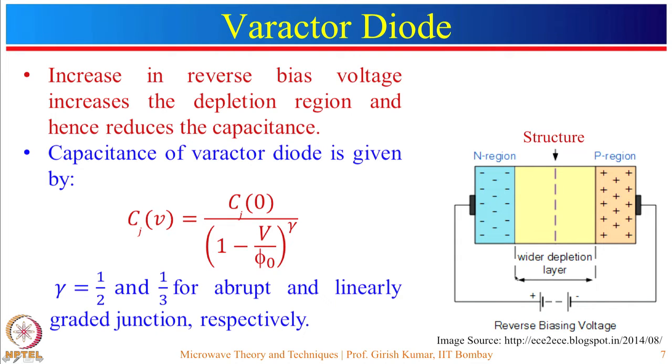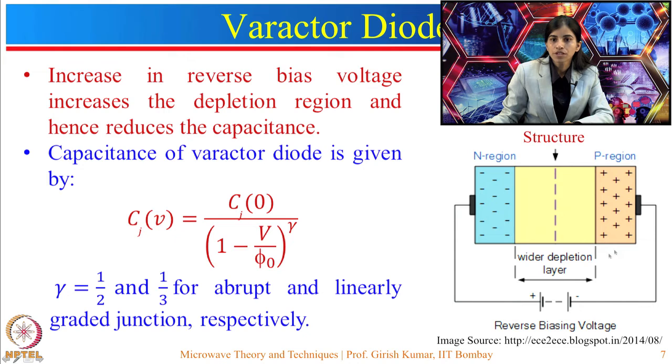So you can try to relate this geometry with the capacitor. These two regions, N and P regions, will be analogous to the parallel plates of the capacitor, whereas the depletion region is analogous to the insulating material between the capacitor plates.